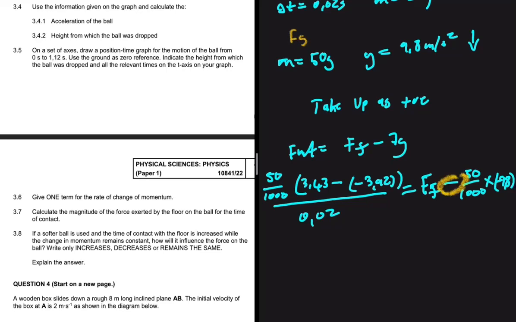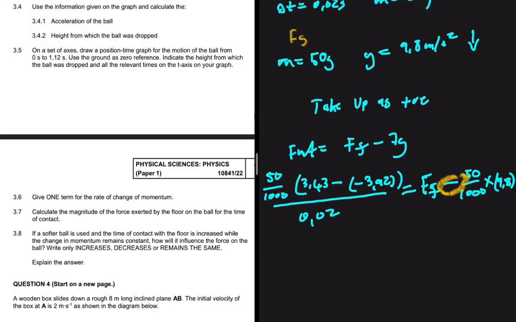So our 9.8 actually doesn't need that negative sign, because if it has that negative sign, then we have the force exerted by the floor plus the force exerted by gravity, because that minus and that minus will give you a positive. So that 9.8 is actually supposed to be positive. So we have 9.8 here.